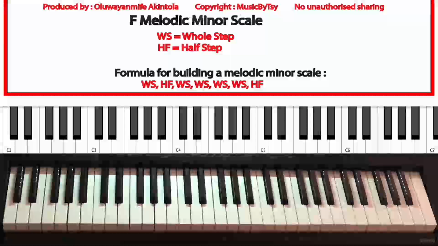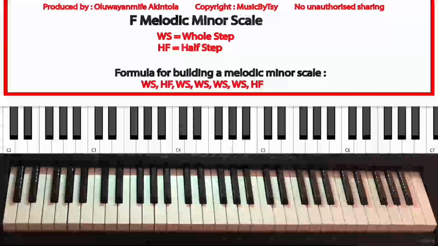So the 6th note of the F melodic minor scale is higher than the 6th note of the F natural minor scale by a half step. Also, the 7th note of the F melodic minor scale is higher than the 7th note of the F natural minor scale by a half step. See that? So that is the F melodic minor scale.